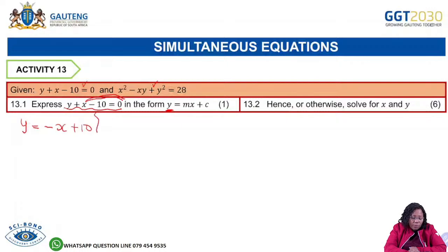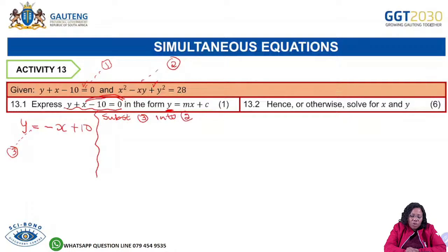And then now the next question, 13.2, says hence or otherwise solve for x and y. So now what we have actually done here, we were given equation 1 and equation 2 there. We have now created our equation 3 there. And then we are going to substitute now. The method says substitute equation 3 into the equation that you didn't use.